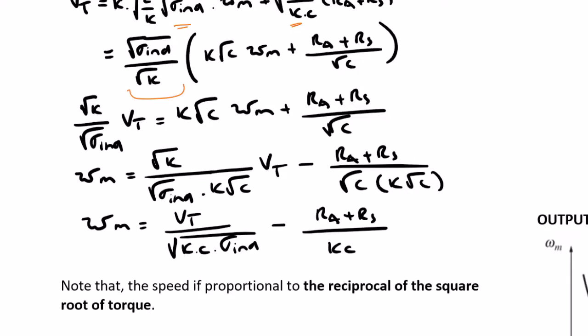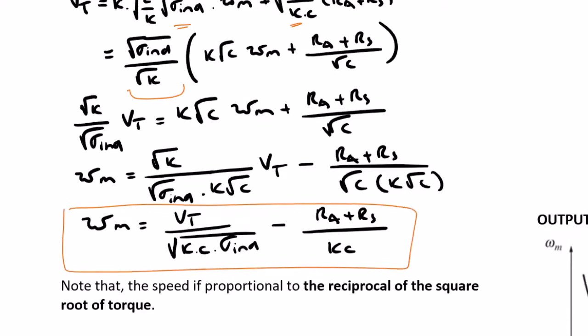So this is our equation that shows us the output characteristics of this motor. And if you see this equation here, it gives us the relation between the speed and the induced torque.